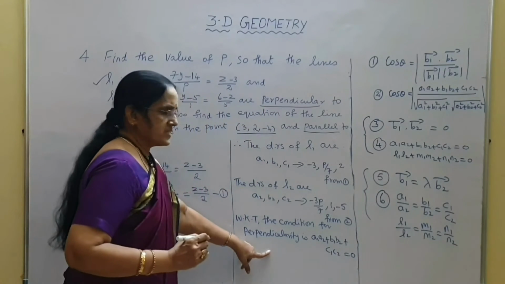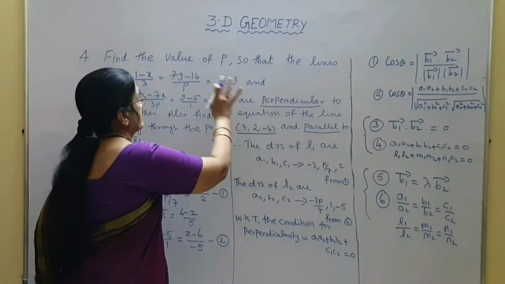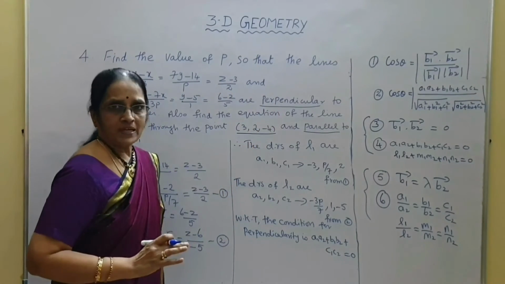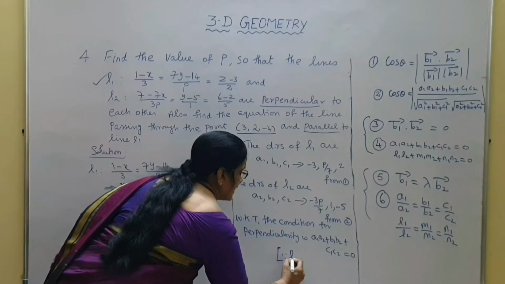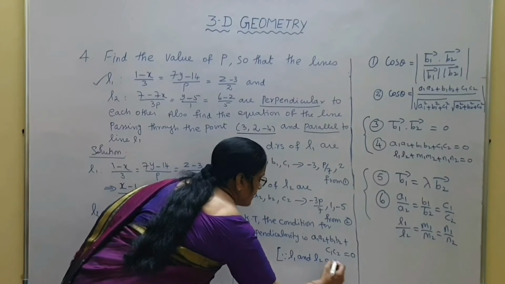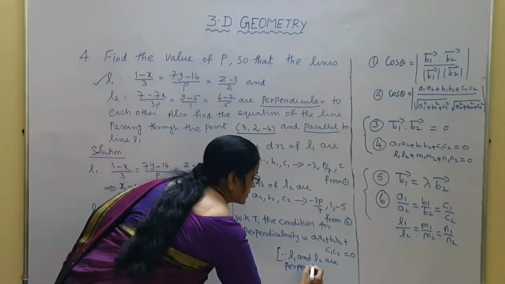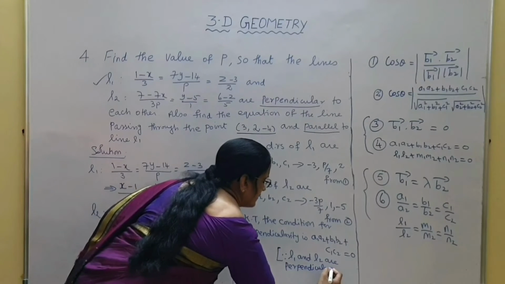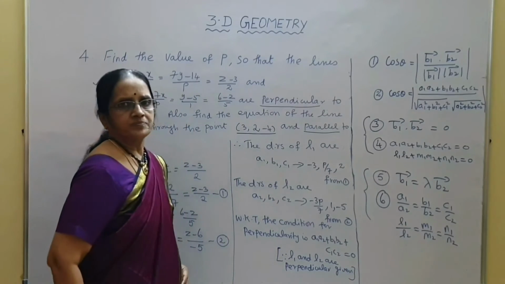Why am I using this condition? Because it is given the two lines L1 and L2 are perpendicular. So let me write that here in the bracket. Since L1 and L2 are perpendicular, given, that is given to you.